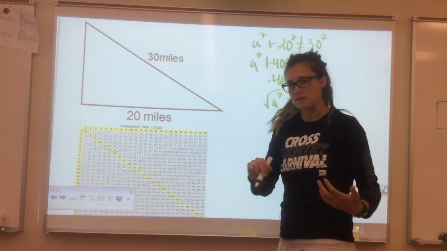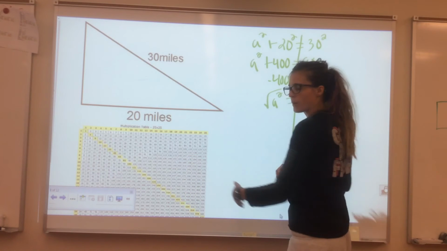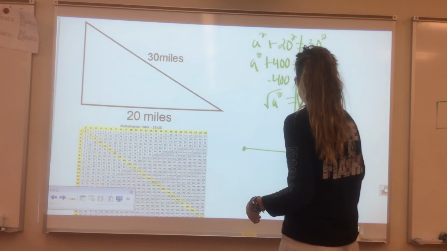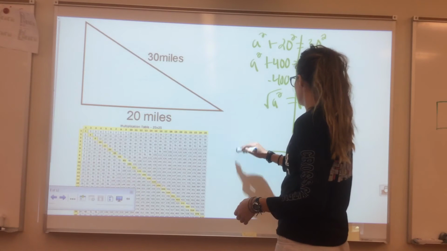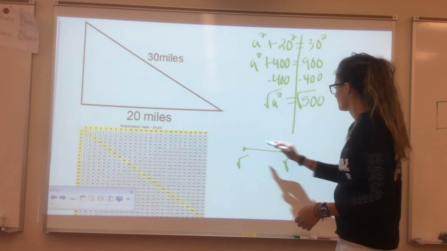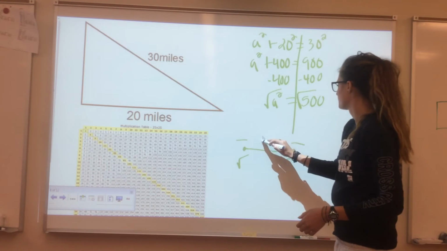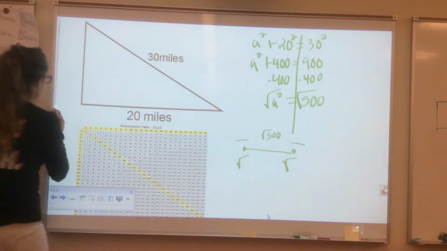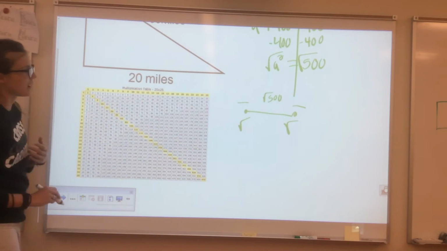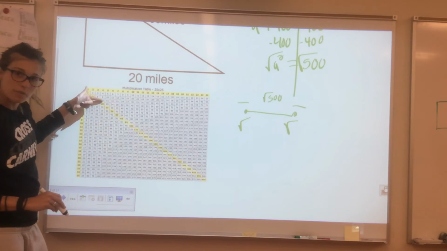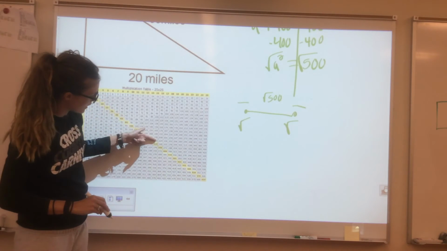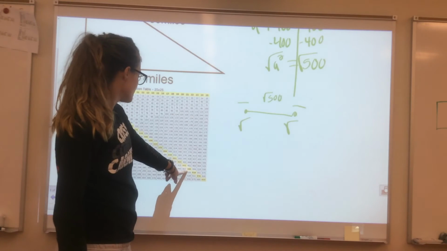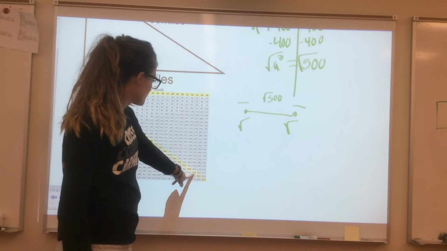All right, now we're going to have to estimate the square root of 500. This is a good way to be using your multiplication chart. If we look at our multiplication chart, square root of 500. These are perfect squares, so we'd go to see where 500 is in between. So 400, 441, then I have right here 529.